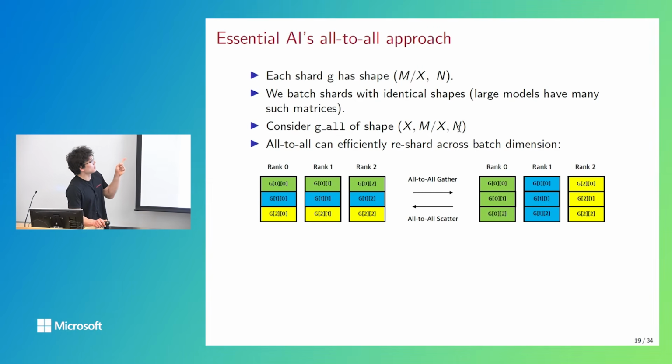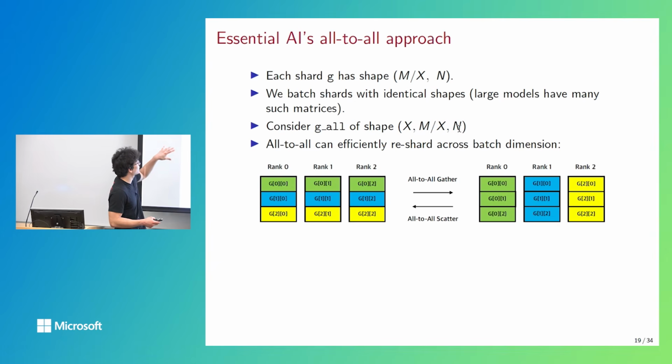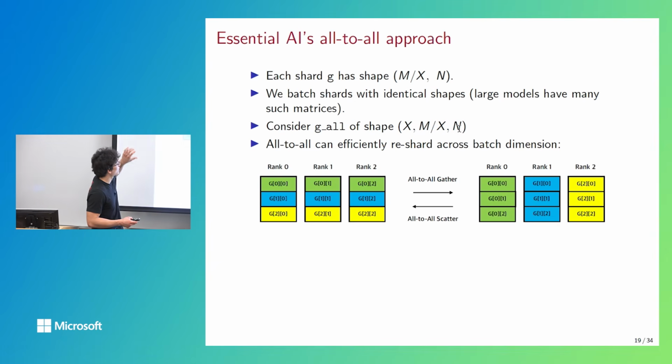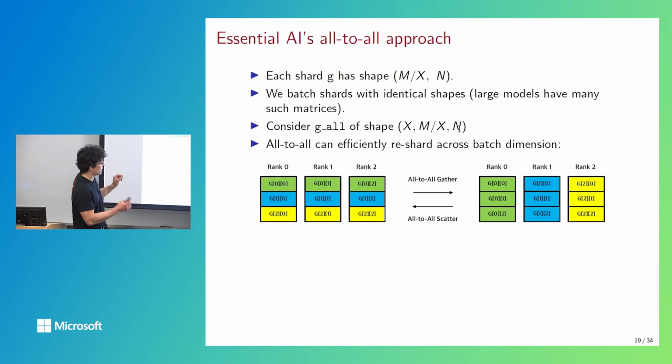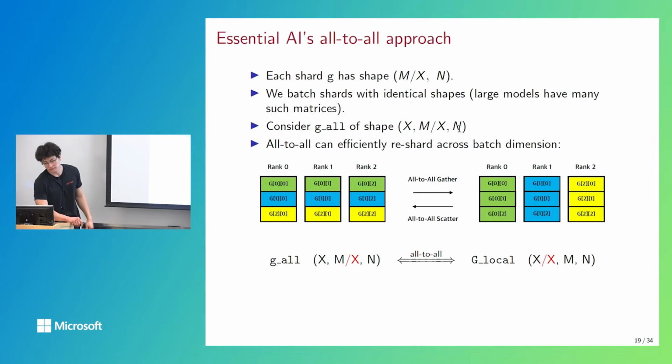So here is the illustration. On the left-hand side, you have shards saved across this number of devices. And then you can all-to-all gather to have fully reconstructed local matrices in each device. And you can come back with the all-to-all scatter.